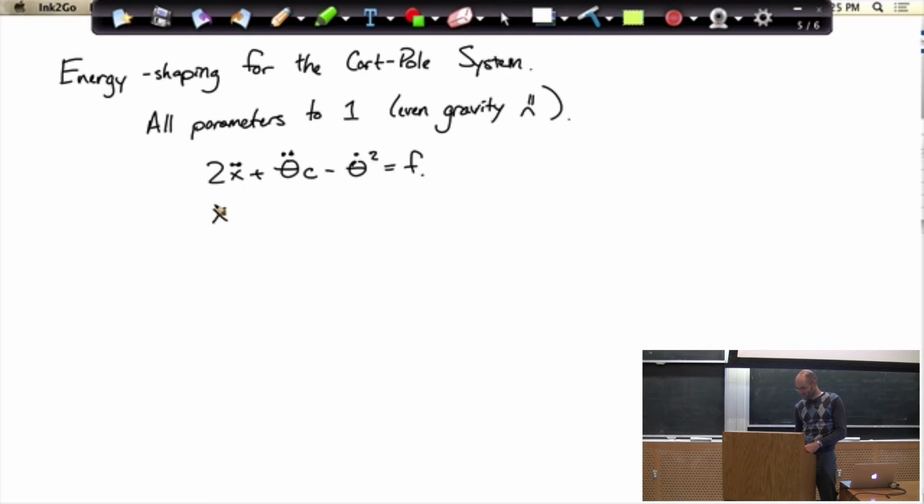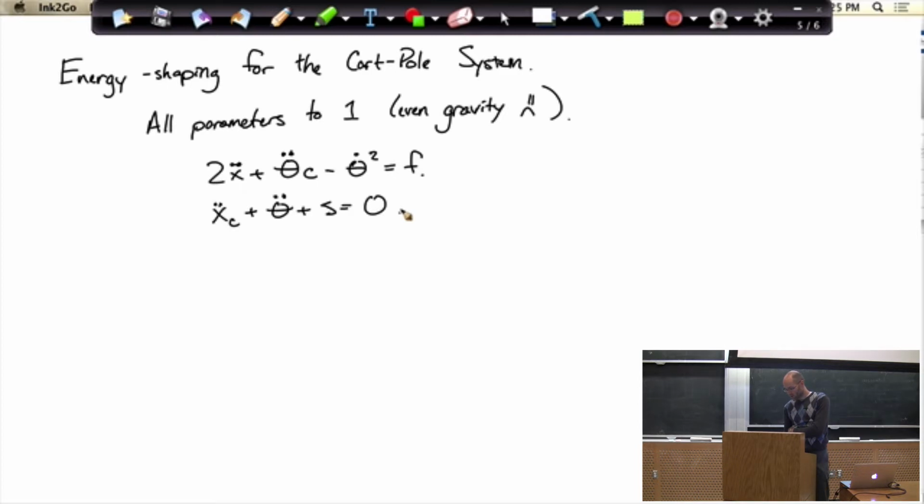That's how I sleep at night, thinking about it like that. Look at that. So much less writing. These are my equations of motion for the cart pole.